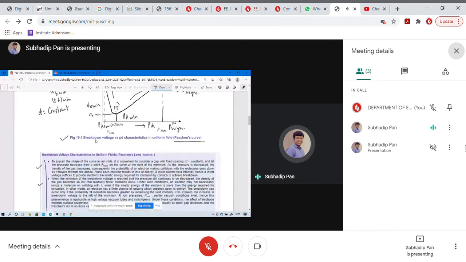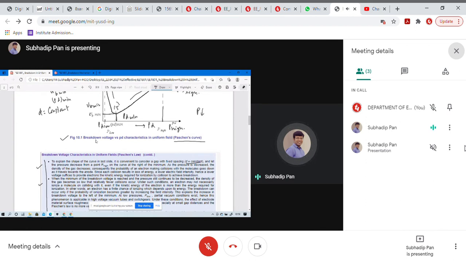Then we decrease the pressure from the point P high to P low on the curve to the right of the minimum. As the pressure is decreased, what happens?